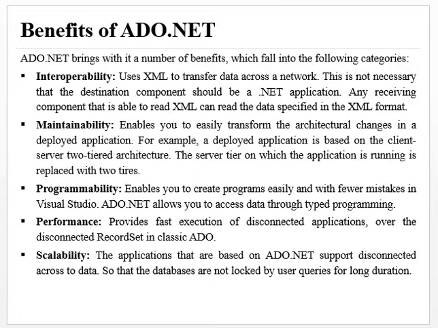First, interoperability. It uses XML, as we discussed in the previous slide, to transfer data across a network. It is not necessary that the destination component should be a .NET application. Any receiving component that is able to read XML can read the data specified in the XML format.